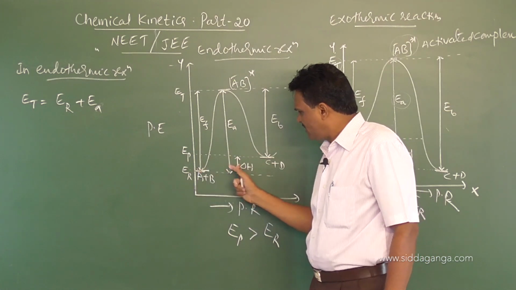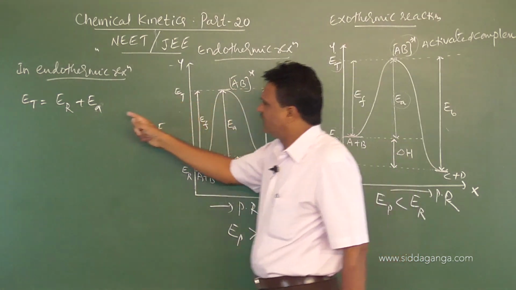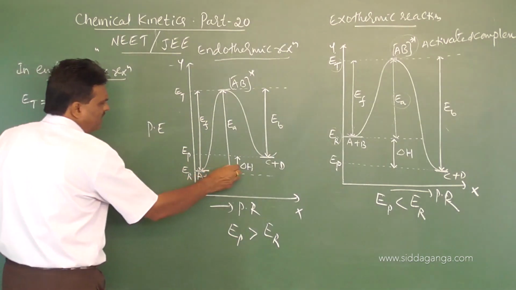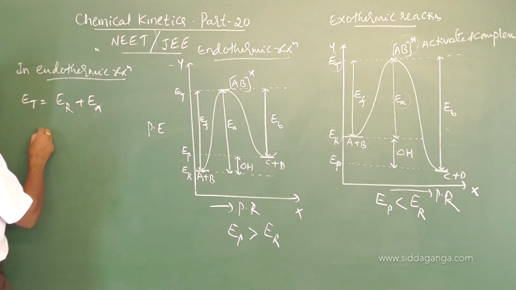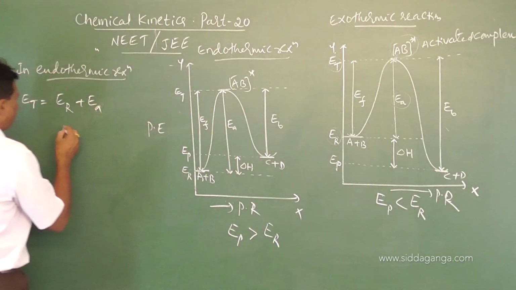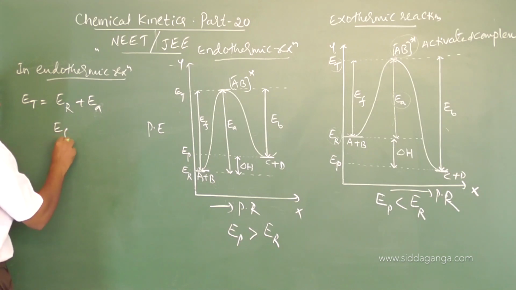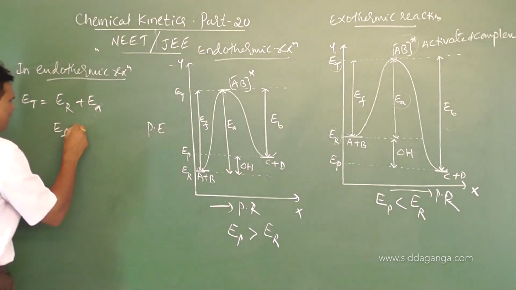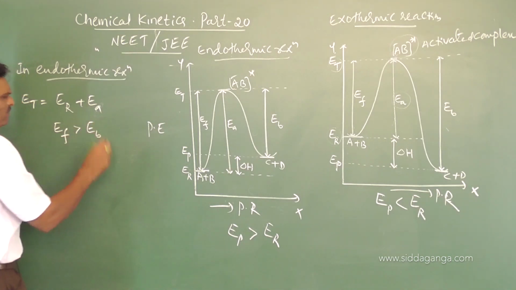So ER plus EA gives ET. Then, in this case, the energy of activation for the forward reaction is greater than the energy of activation for the backward reaction.